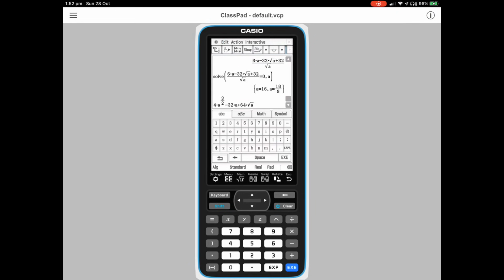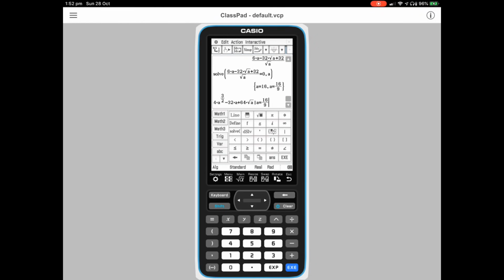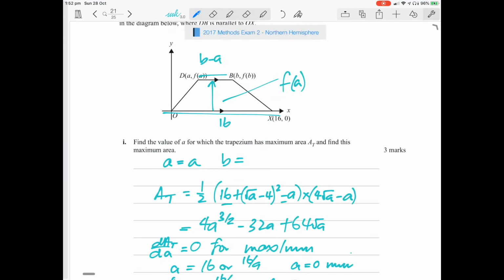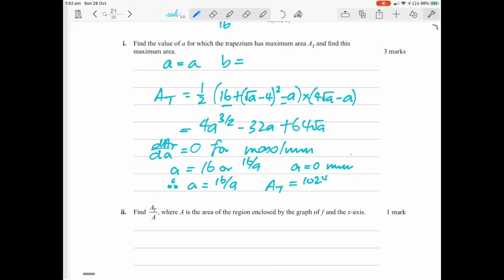And then we say given, 1,024 on 27 square units.